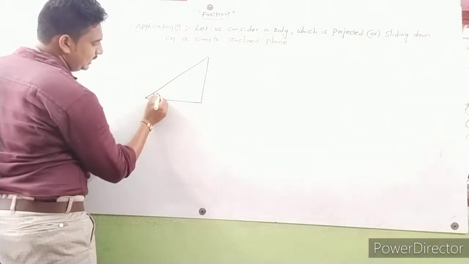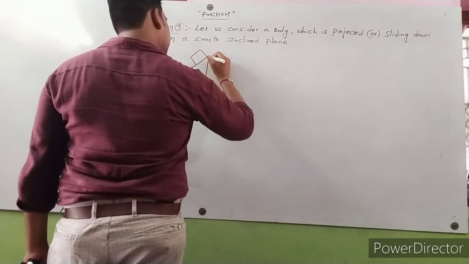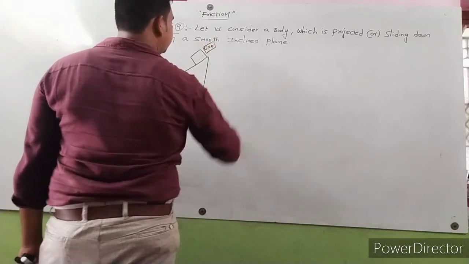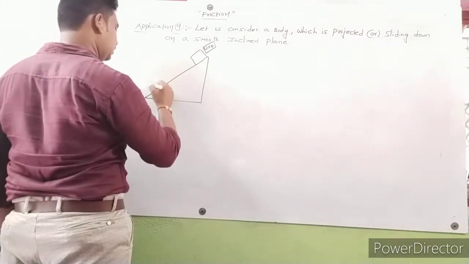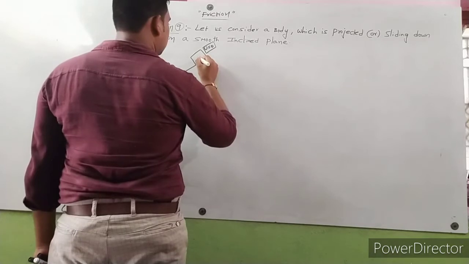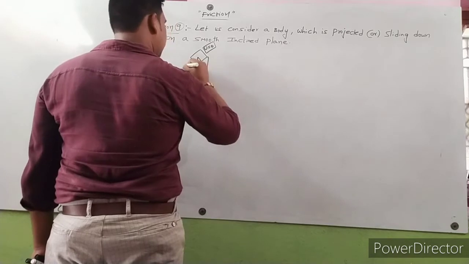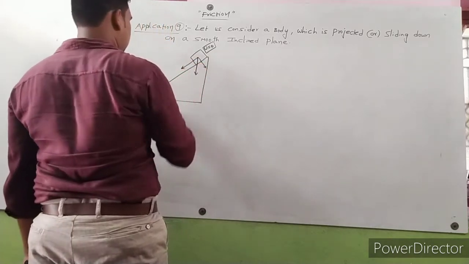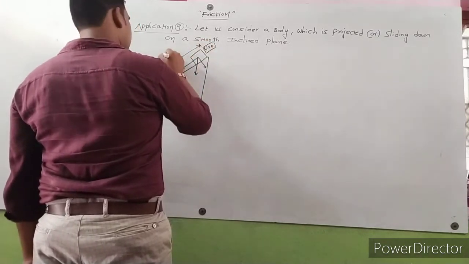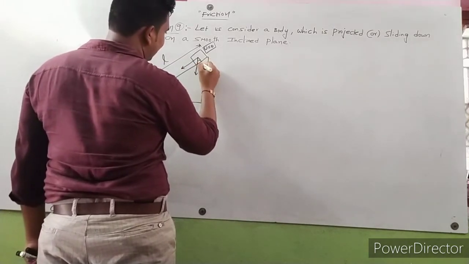Here is angle theta. U is equal to 0. So this is angle theta.